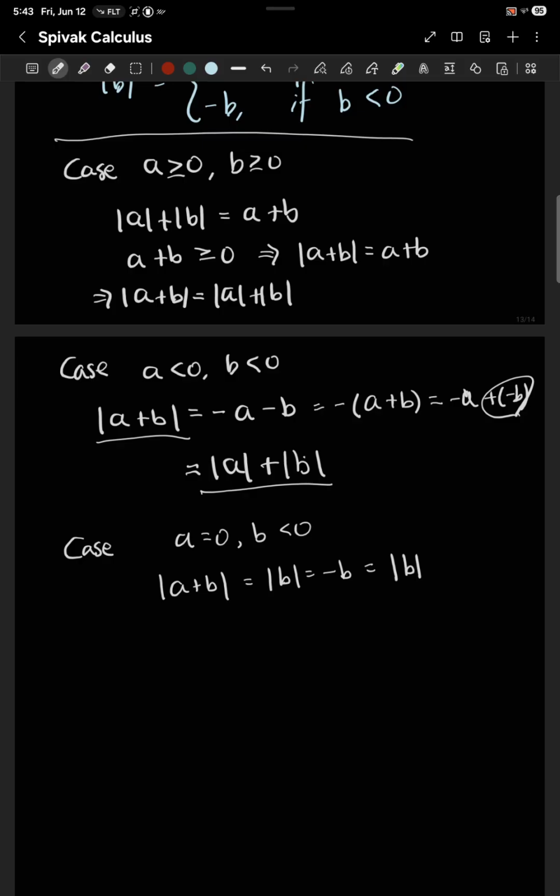But absolute values are always positive, so when we add a number, which is 0 in this case, the absolute value of a, it's the additive identity, right? That doesn't change anything on either side. So this again satisfies the inequality statement. It's equal.